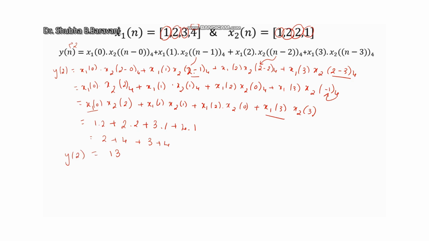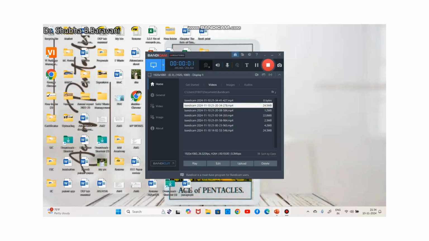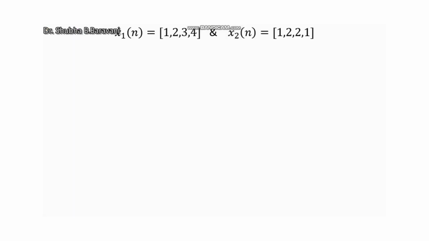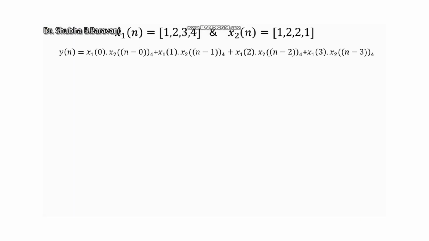Right? So we are done with y of 0, which was 17, y of 1, which turned out to be 15, y of 2 is 13. Now the last one, we need to substitute n value. So now I am left out with finding out the values when I substitute n as 3. Right? So we'll substitute n as 3.